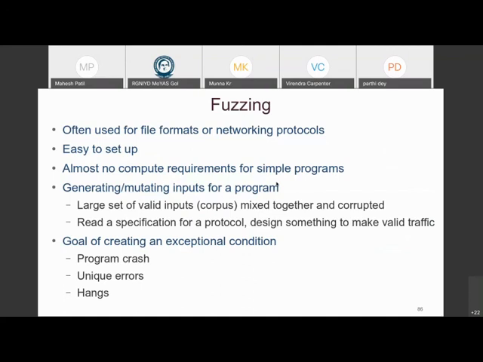If it is able to handle it, it's good. But if it is not able to handle it, it will either crash the program, like we saw when we passed a bigger buffer and it caused a segmentation fault, or sometimes it will hang.